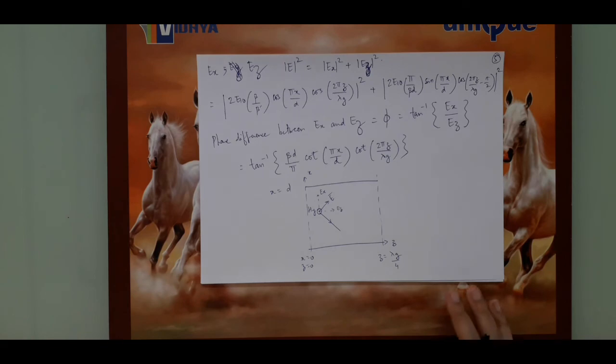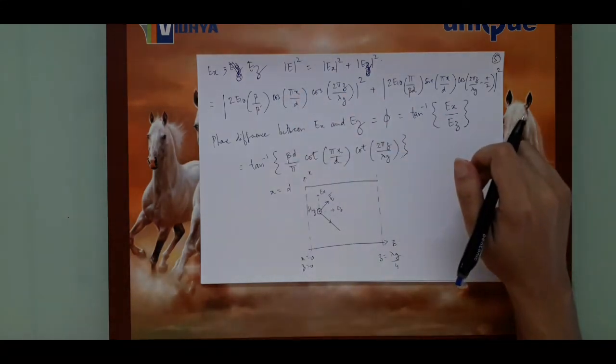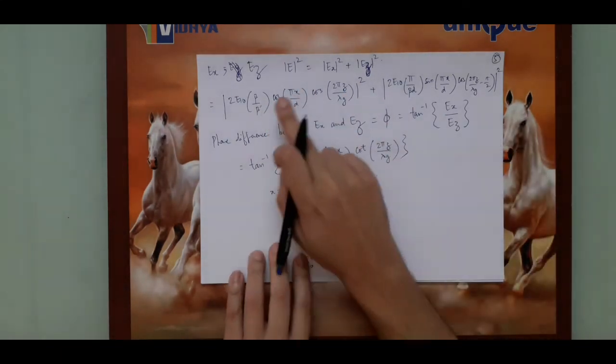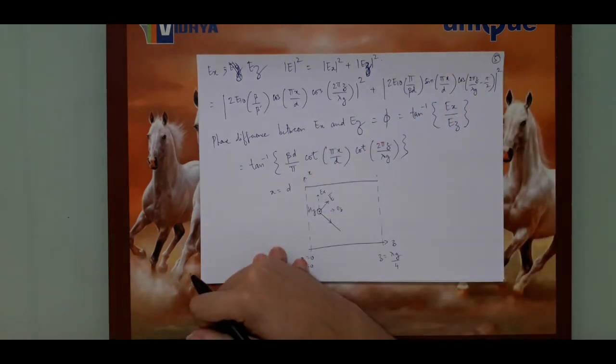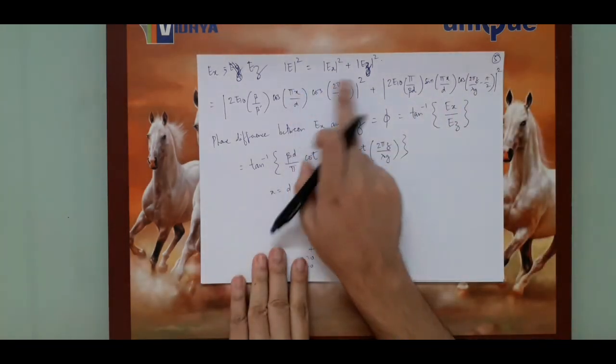The moment you have x equal to 0 and z equal to 0, you substitute this over here. This field will vanish and this field will become maximum.